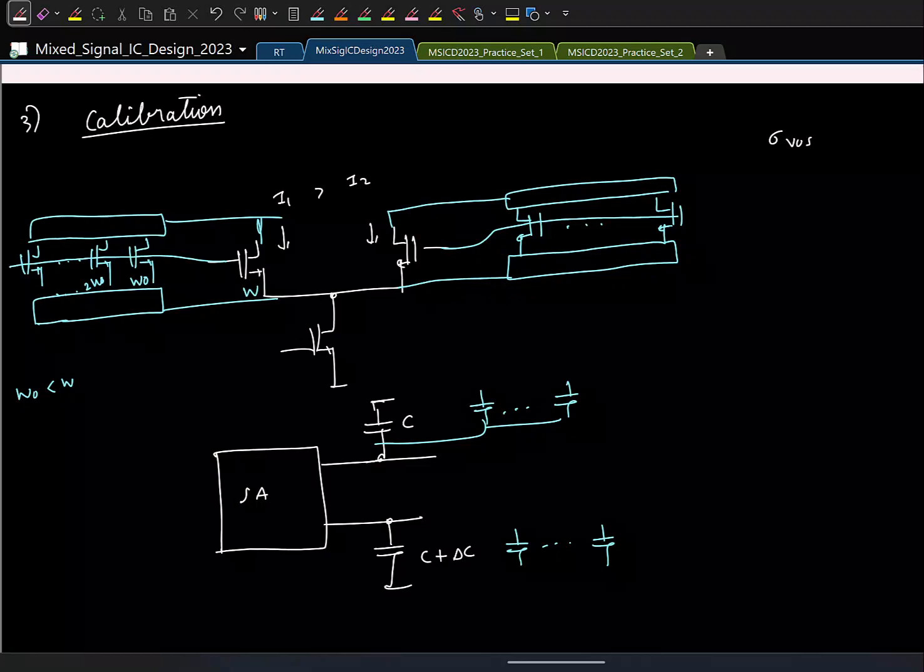This is the simplest brute force way you can do, and this is the most commonly done in practice now. You'll find in almost all analog and mixed signal circuits, this notion of digital calibration is very common. Basically, the idea is to tackle any analog imperfections using some digital circuits like this. All you need to know is how many transistors I need to connect here.